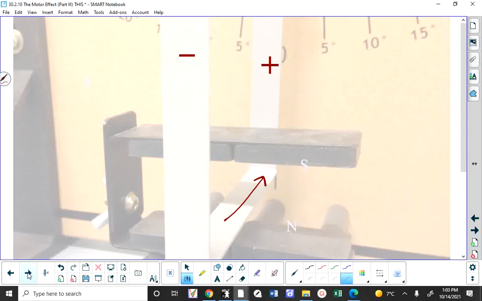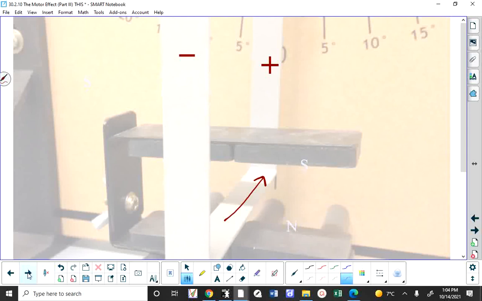I want the front to be positive. The front is connected to the black. So don't be bothered by the fact that the colors are opposite here. I'll have to rewire it or change my diagram or something. So I just want to double check here. The positive terminal is connected to the front of this.